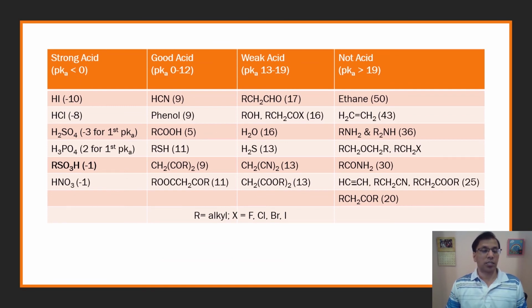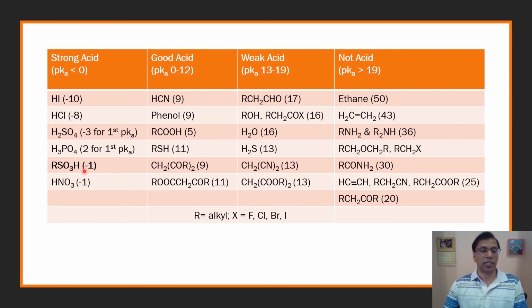So this particular slide shows all the examples of different types of acid. Let's start with strong acids. Inorganic acids like HCl, sulfuric acid, phosphoric acid are strong acids.